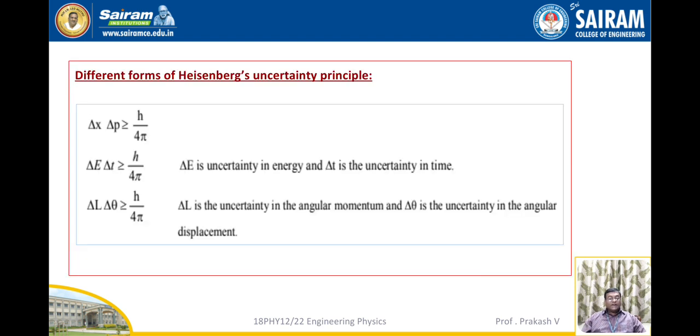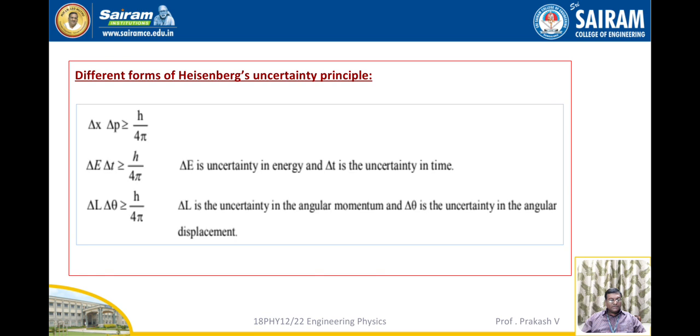Next, different forms of the Heisenberg uncertainty principle. The first equation is delta x delta p greater than or equal to h by 4 pi. Here delta x is the position uncertainty and delta p is the momentum uncertainty. If we consider energy and time, delta E into delta t is greater than or equal to h by 4 pi. Here delta E is the uncertainty in energy and delta t is the uncertainty in time.